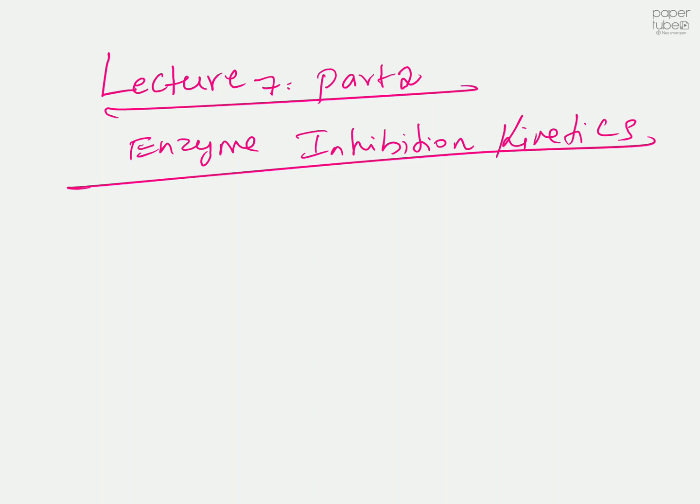So I'm going to say what is an enzyme inhibitor. In this lecture I'm going to show you a lot of theoretical expressions. So the best way to learn this topic is to assume these expressions are some mathematical rules that will allow you to explain the changes that you will observe in a reactor when you are dealing with an enzyme.